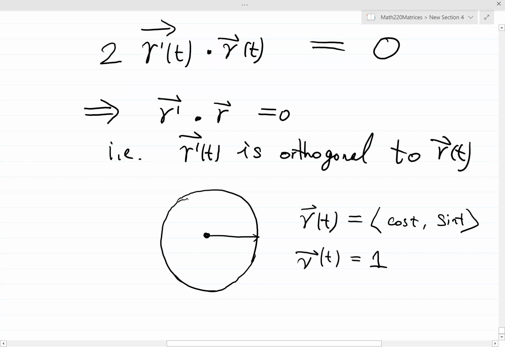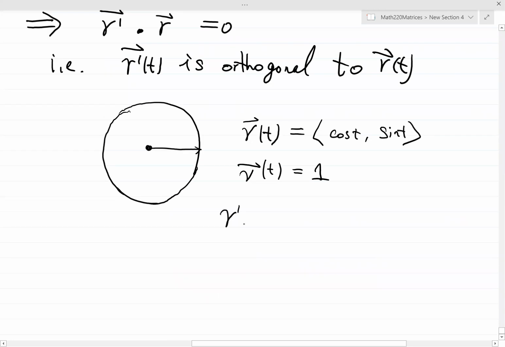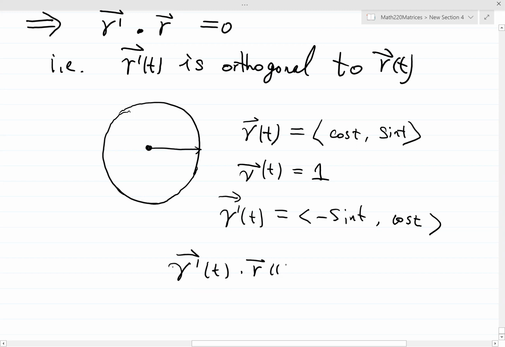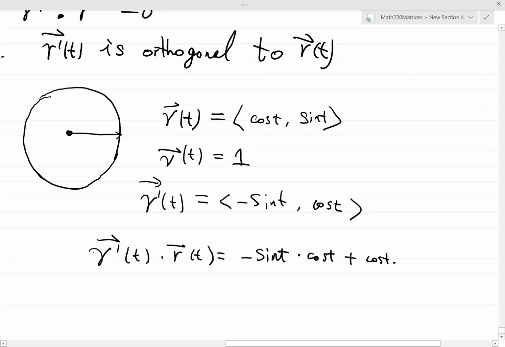You see r derivative of t, cosine we get negative sine, sine we get a cosine. So r derivative of t dot r(t) is negative sine t times cosine t plus cosine t times sine t. This is exactly 0. The two terms just cancel each other.